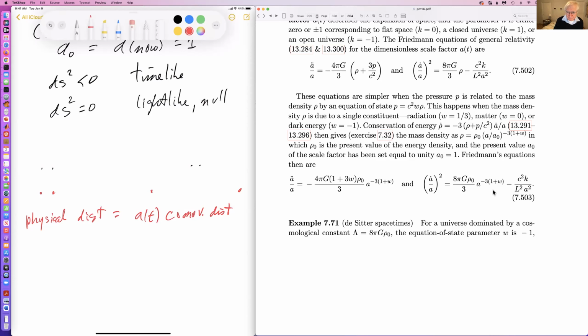And so these are Friedman's equations for a simple universe. In other words, a universe in which the energy density is all either radiation or matter or dark energy. In reality, of course, it's the sum of all three, possibly some fourth thing that we don't even know about.